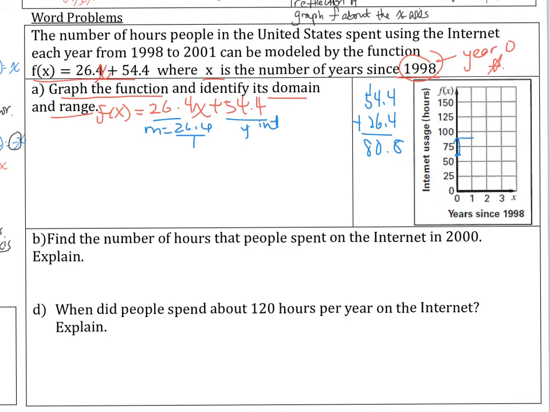So your second point should be about here. And this would be 180.8. And this one would be 0, 54.4. And I'm going to write this down. 180.8. And then we can graph.